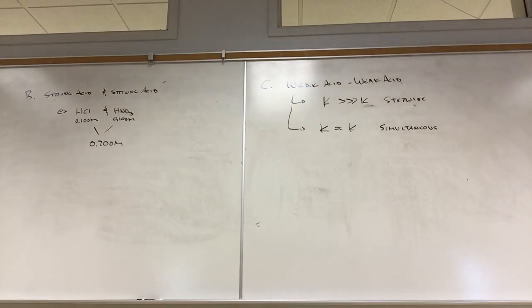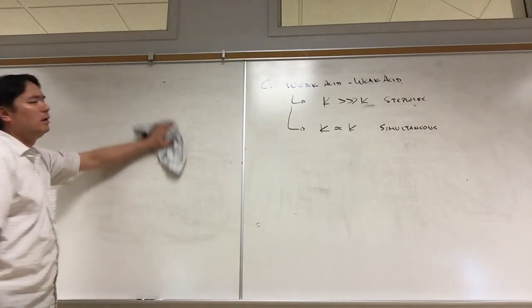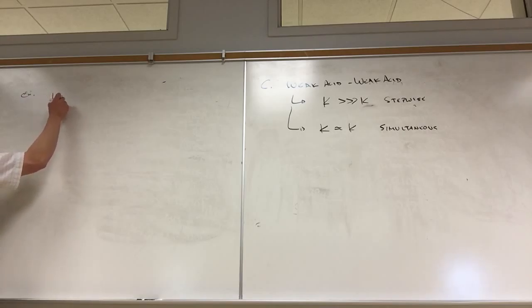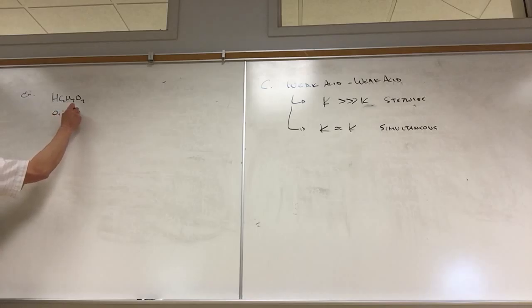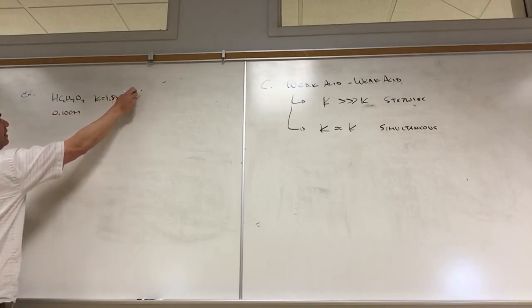So let's look at a couple of weak acids. If I had something like oxalic acid and acetic acid, then I could just do those stepwise. Most likely work okay. But if I had something like acetic acid and benzoic acid, so acetic acid, let's go with 0.100 molar, and the K for this is 1.8 times 10 to the minus 5.